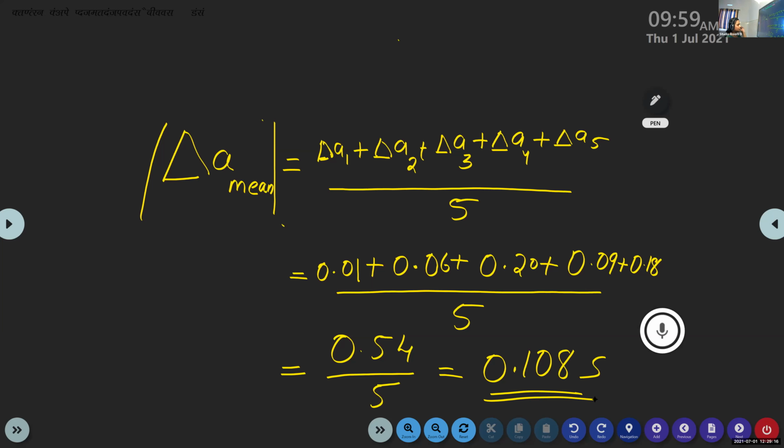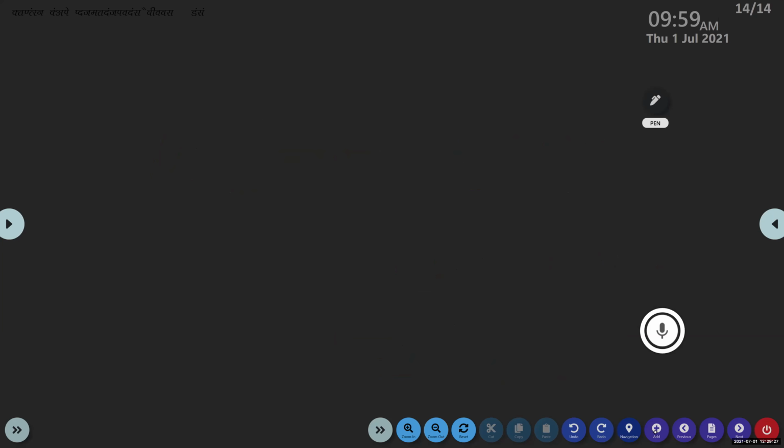Okay, so here we calculate the mean absolute error. Now we want to calculate the relative error. That is the second step. What is the equation for calculating relative error?